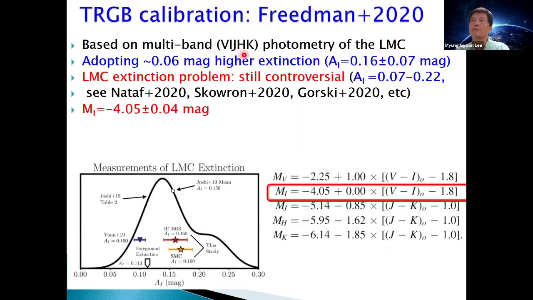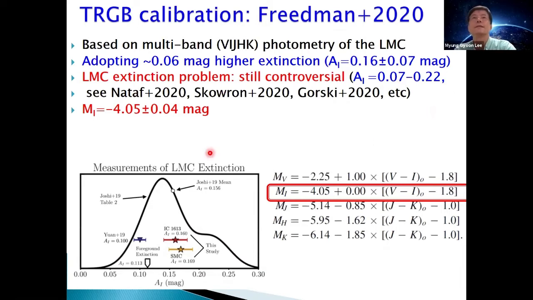In the past, often 0.1 has been adopted. But the value of the extinction for the LMC is still controversial. Even in the last couple of months, they presented different ranges of extinction measurements for the LMC, ranging from 0.07 to 0.22. So it's still an open problem.